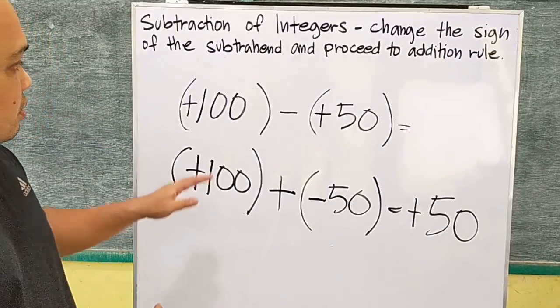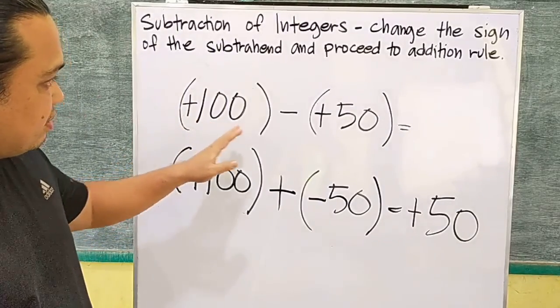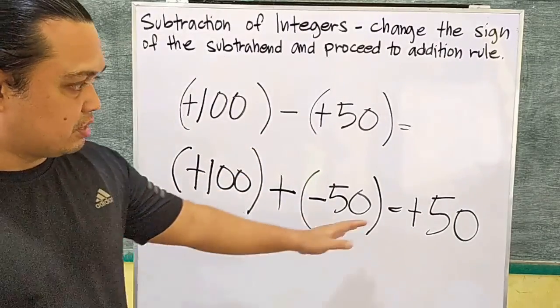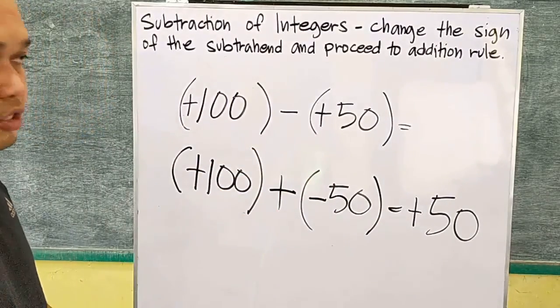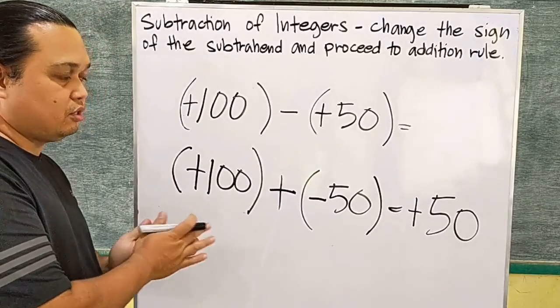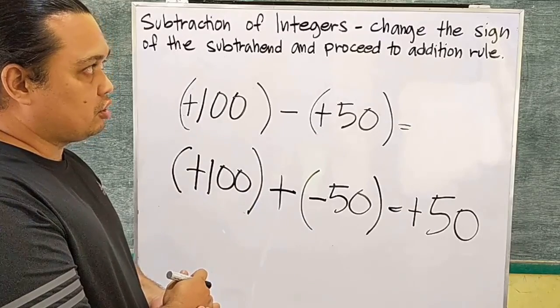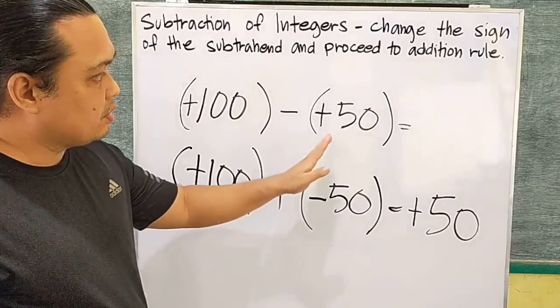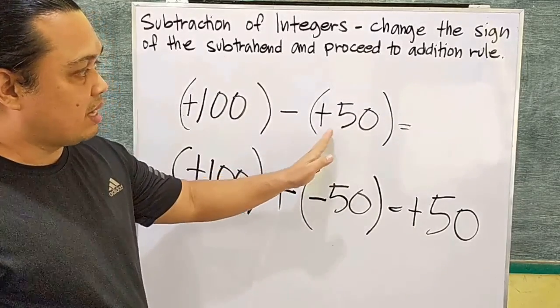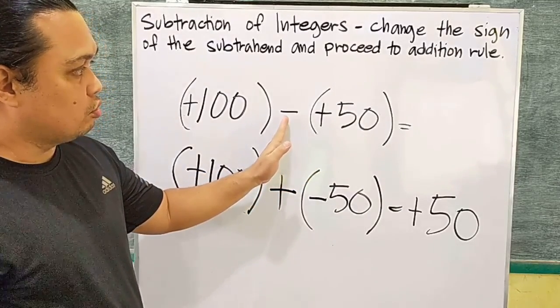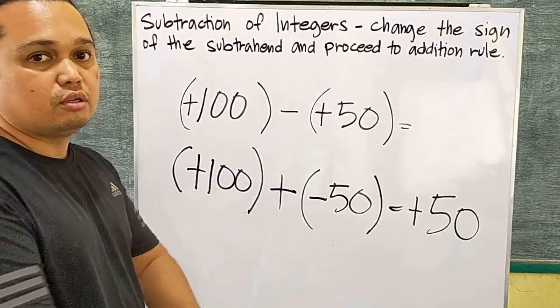Therefore, positive 100 minus positive 50 is positive 50. Okay? That's how we subtract integers. Then, just remember, to subtract integers, change the sign of the subtrahend and proceed to addition using the addition rule.